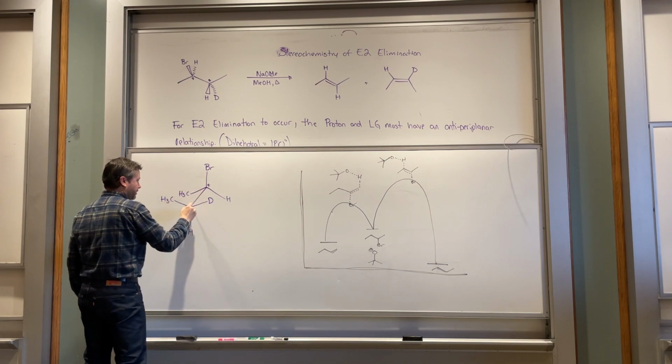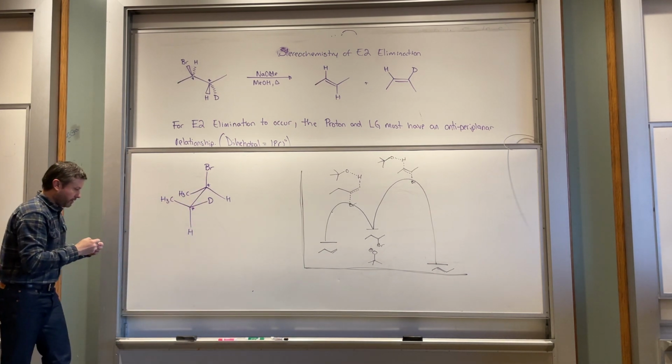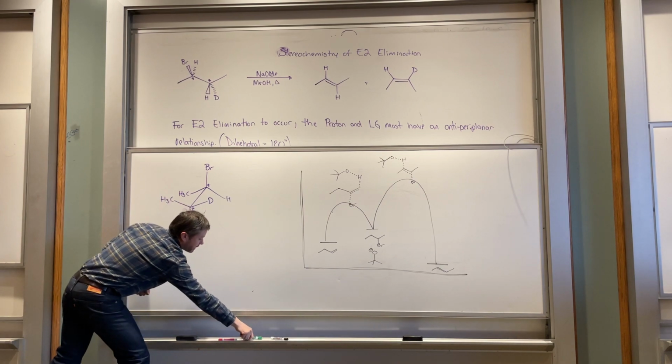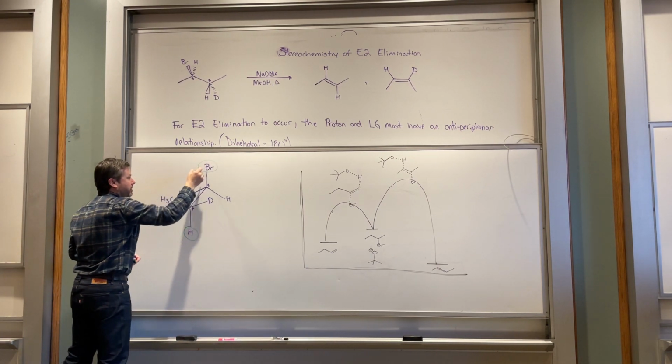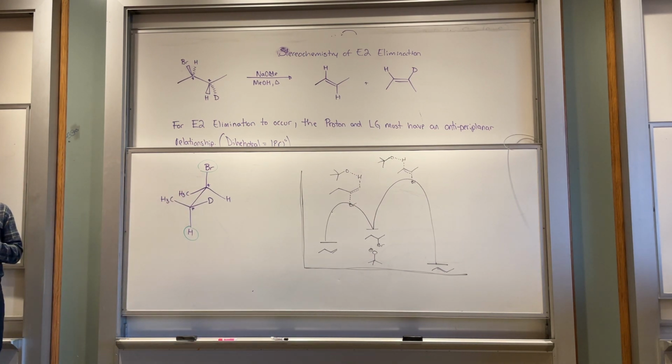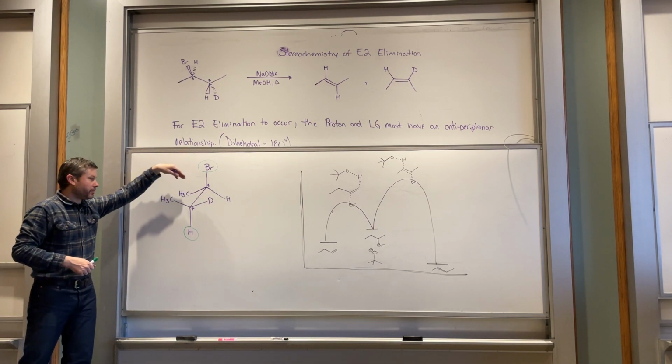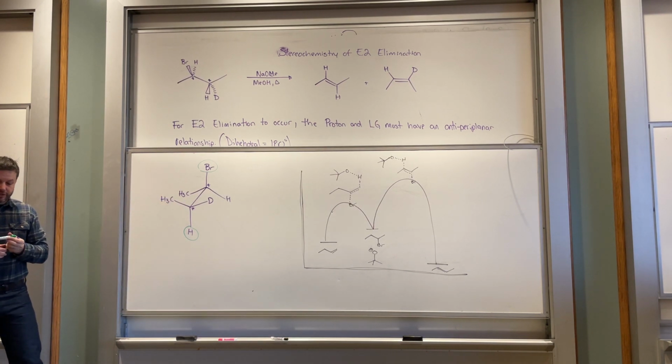Here are my two chiral centers. You can see that I've drawn this so that the hydrogen here and the bromide leaving group have an antiperiplanar relationship, a 180 degree dihedral. The bromine's going straight up, the hydrogen is going straight down.